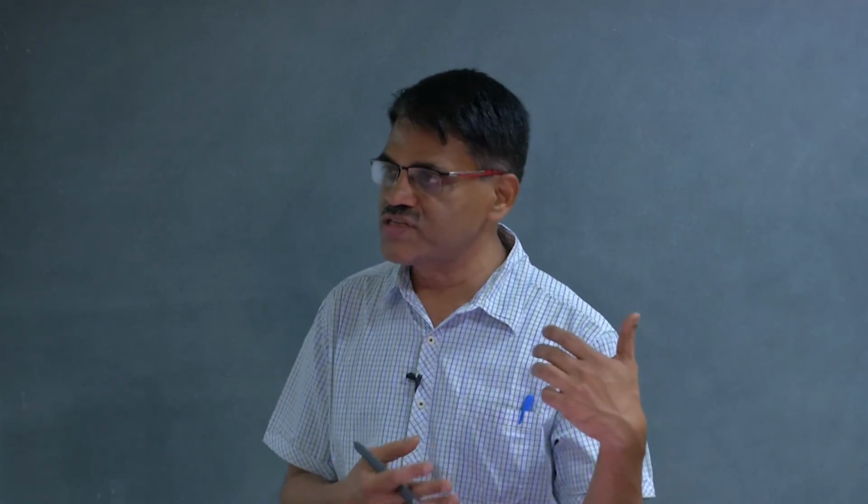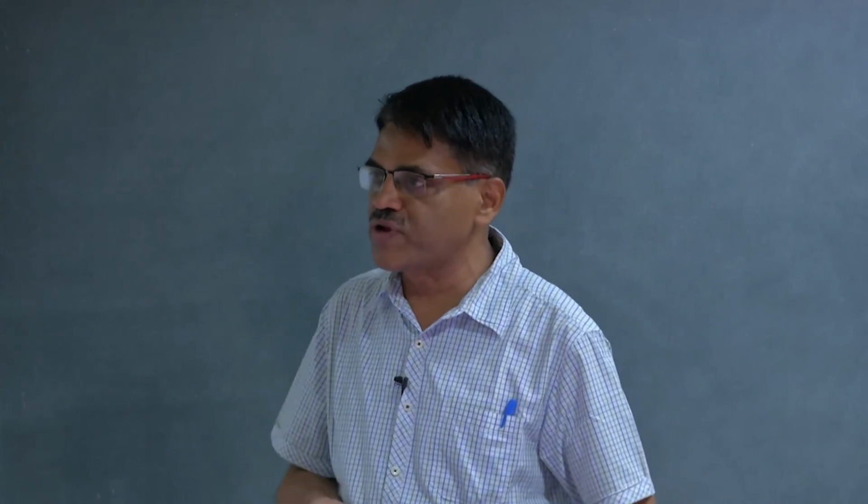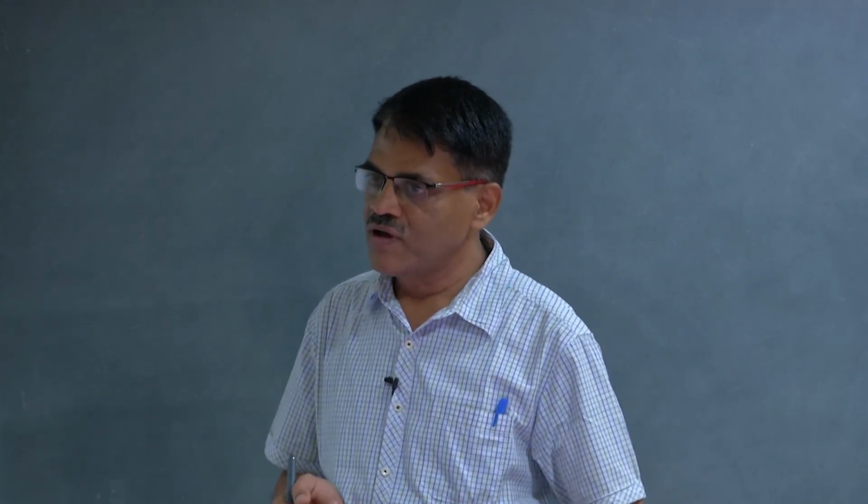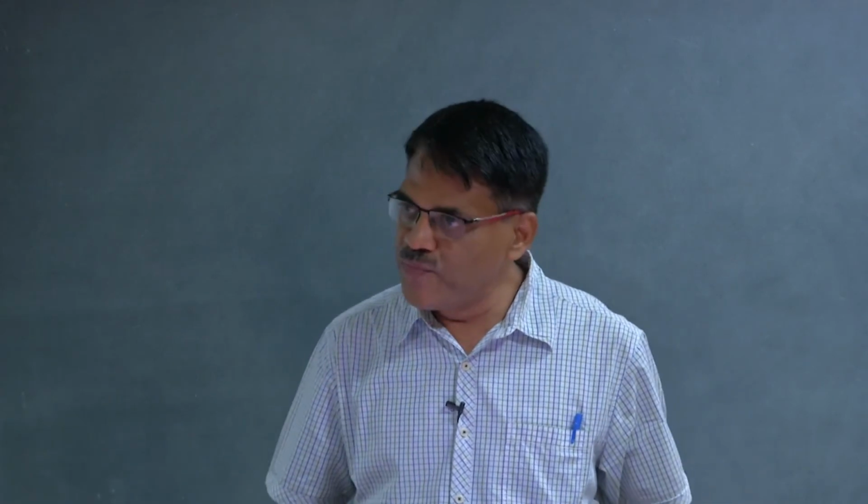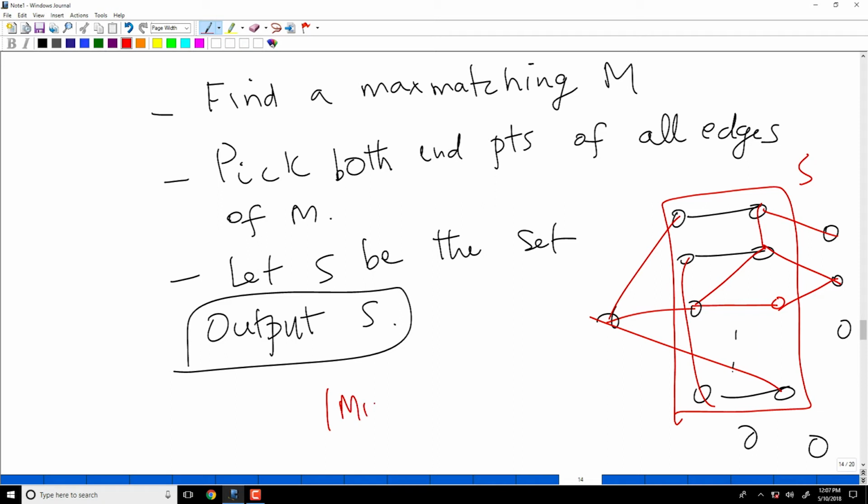Now I want to argue S is never more than 2 times the optimum. Is that obvious? Because remember, very early on we said the minimum vertex cover size is at least the size of a maximum matching. We saw that, right? But how much have I picked?